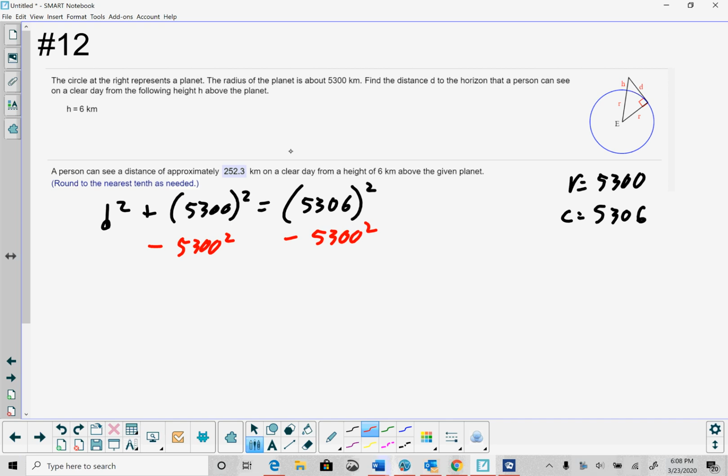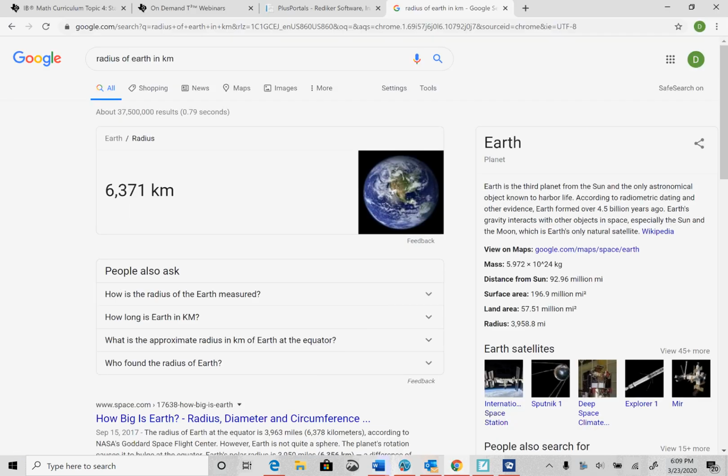Just getting 6 kilometers above the surface of that particular planet allows a person to see more than 250 kilometers. Just for reference, the radius of this planet is about 5,300 kilometers. Ours is bigger.